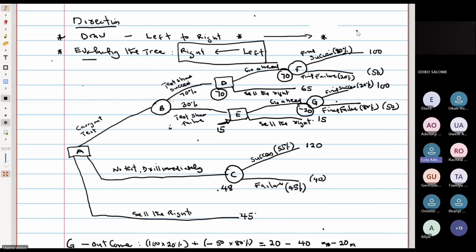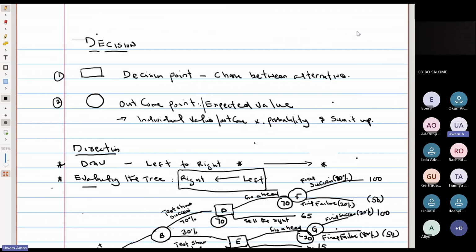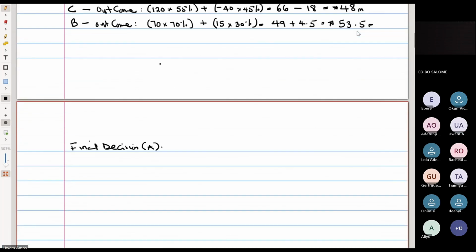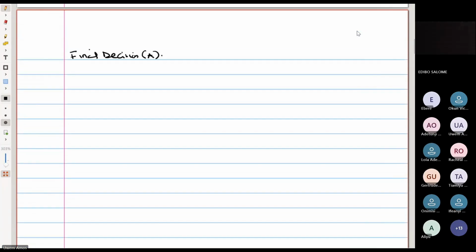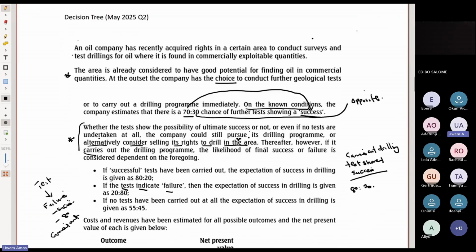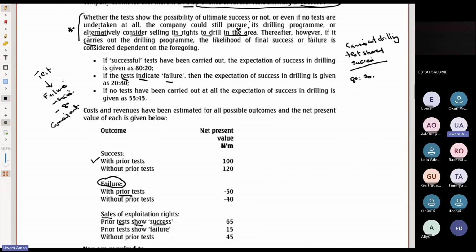That's my question, sir. Okay, let's read that one more time, because I had to read it twice. Sorry, is the question up or down? Okay, it's down. Let's read that paragraph one more time. It says, cost and revenue have been estimated for all possible outcomes, and the net present value of each is given below. Success.